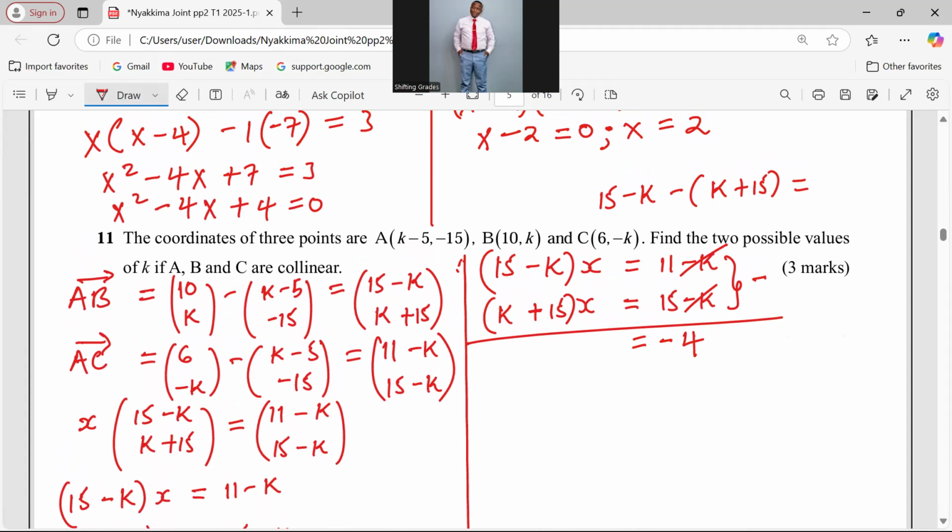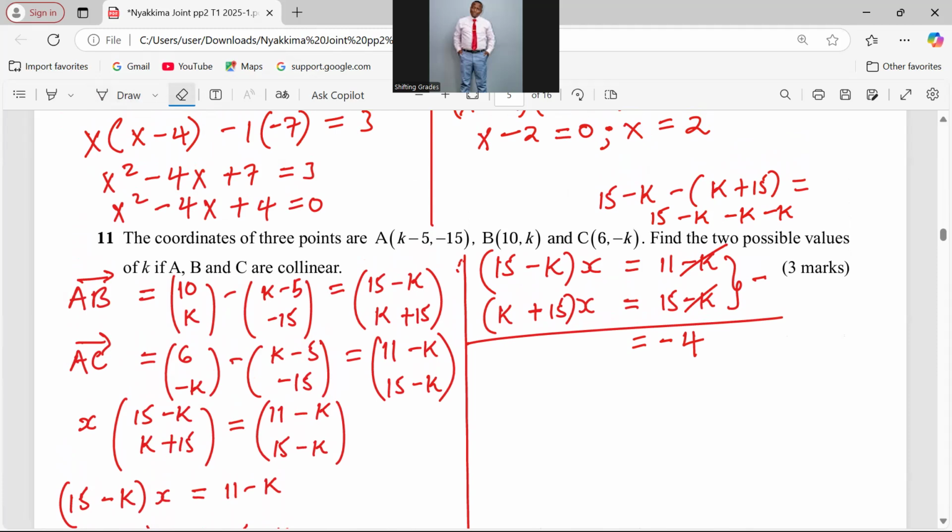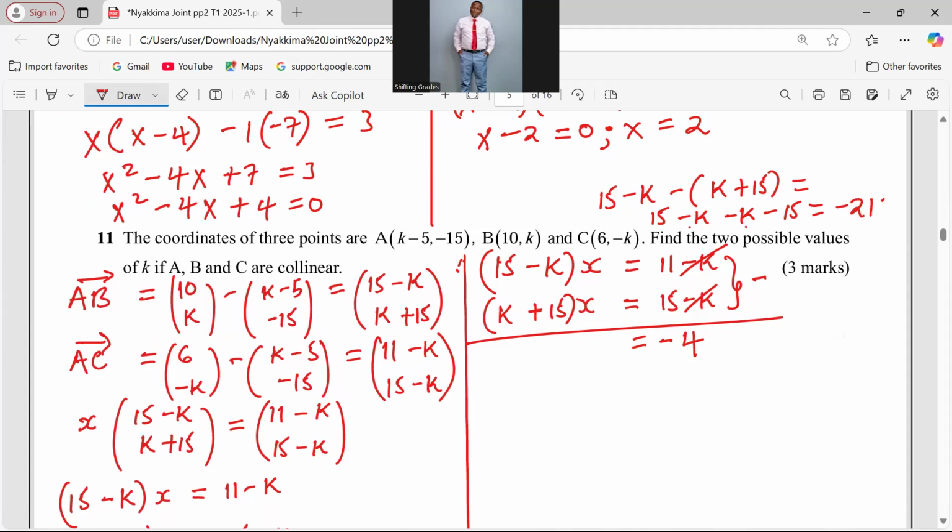That gives negative k minus k, which is negative 2k, and 15 minus 15 cancels.